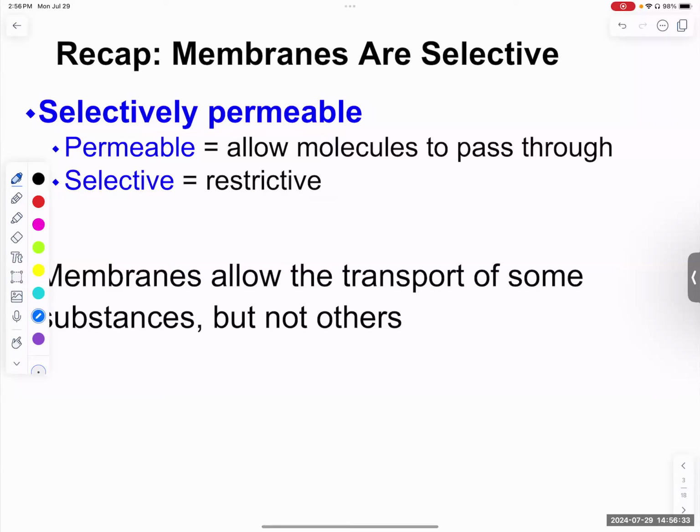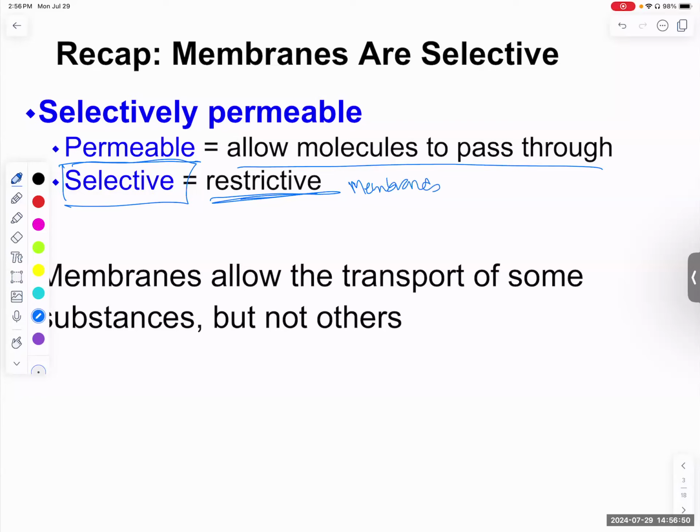And so cells are said to be selectively permeable. Now, if something is permeable, it means anything is allowed to pass through. But cells are selective, meaning cell membranes decide or restrict what can come into the cell or leave the cell.